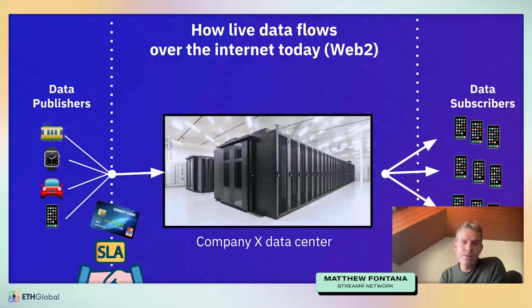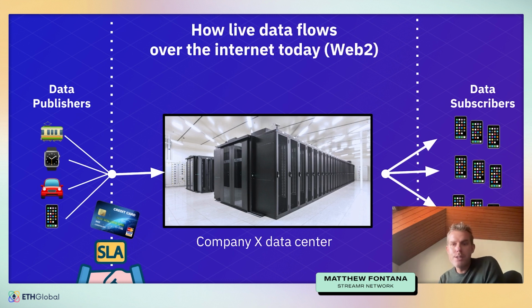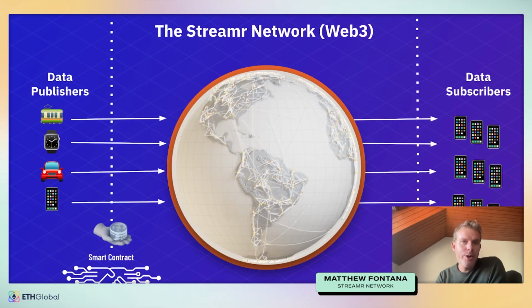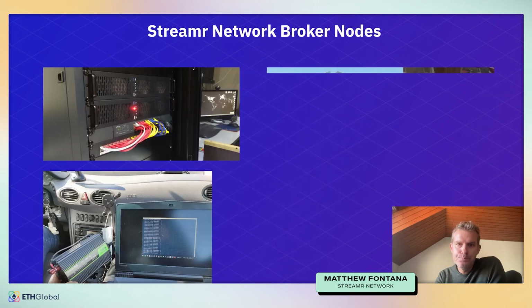Instead of making direct connections to all your subscribers, you just push it to one centralized point, which ends up being some company's data center, and they handle the data propagation. With the Streamr network, that middleman is replaced by a topology of nodes that can be run by anybody.